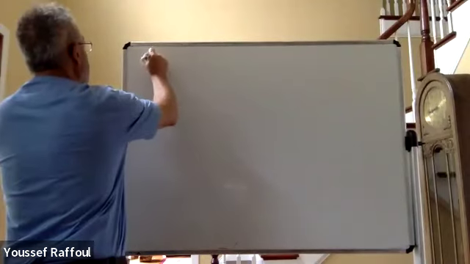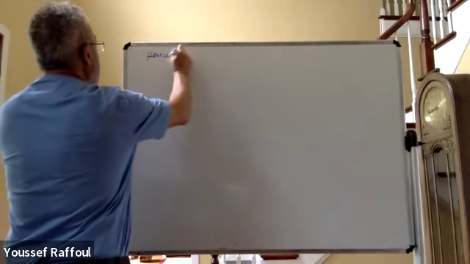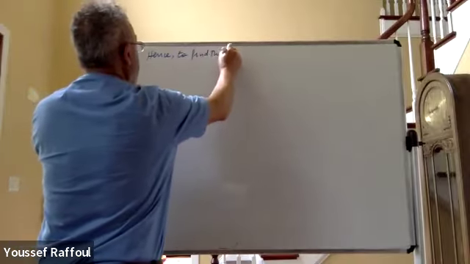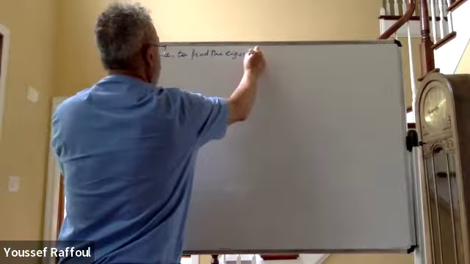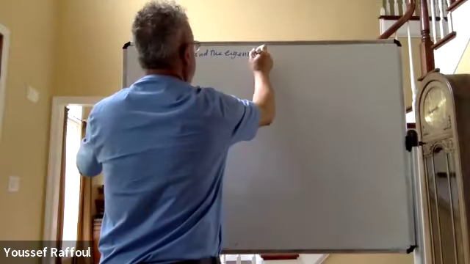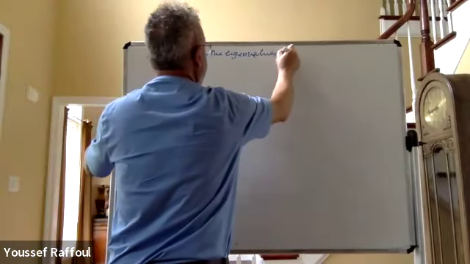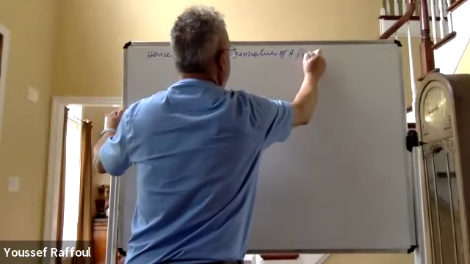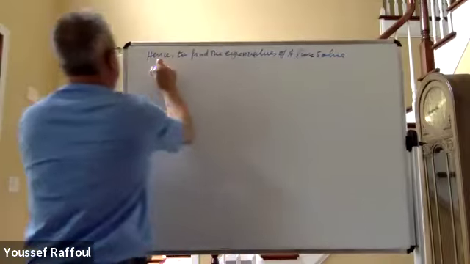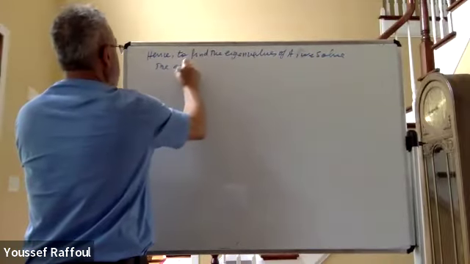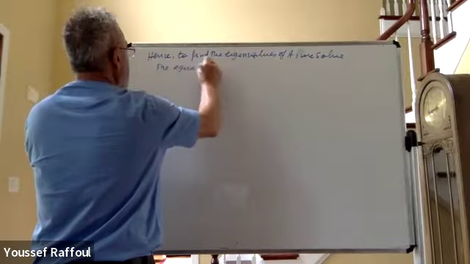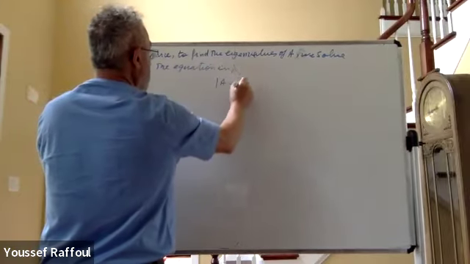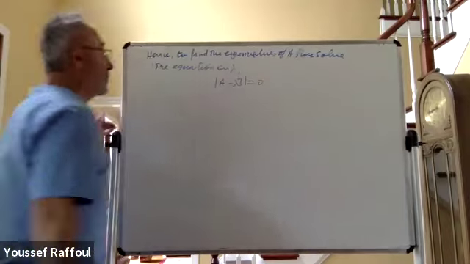So hence, to find the eigenvalues of A, we solve the equation in lambda: determinant of A minus lambda I equals 0.